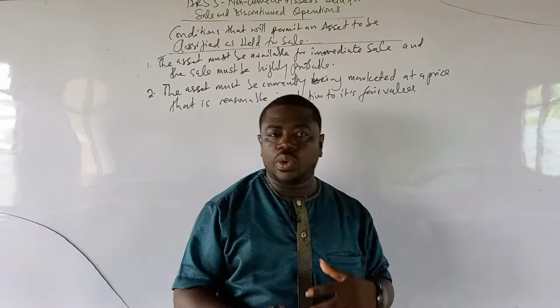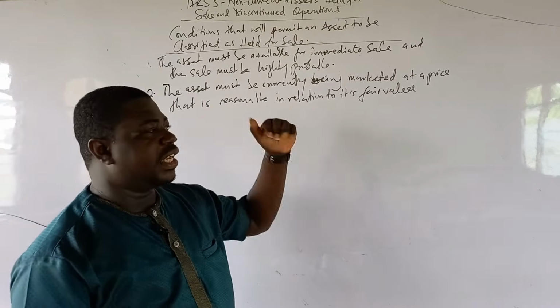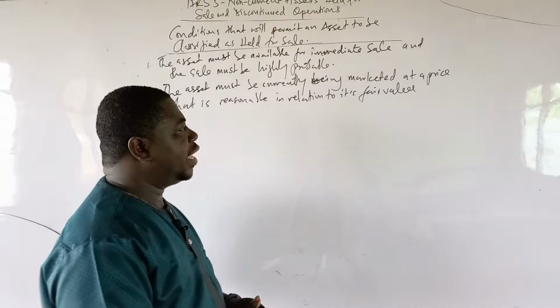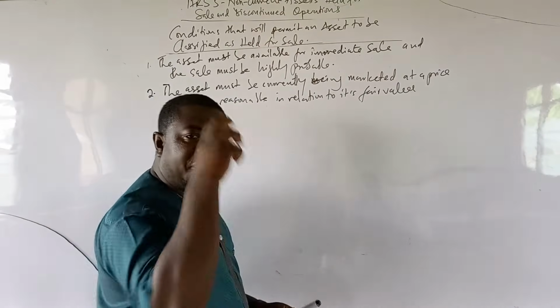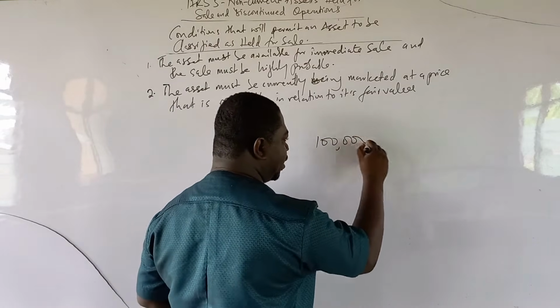So let's say we all know that if it is a motor vehicle you are selling, let's say, Toyota Highlander or whatever, and as at now, the market value, the fair value of the asset on the market, we all know is, let's say, 100,000 Ghana cedis.